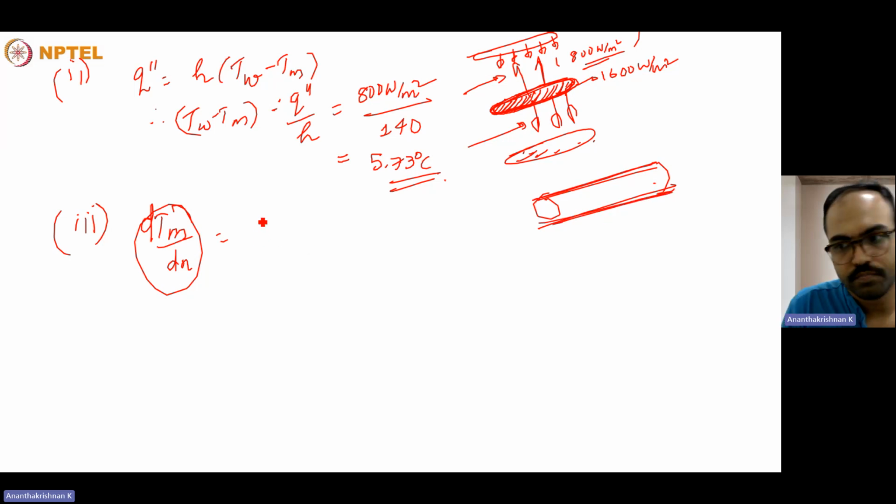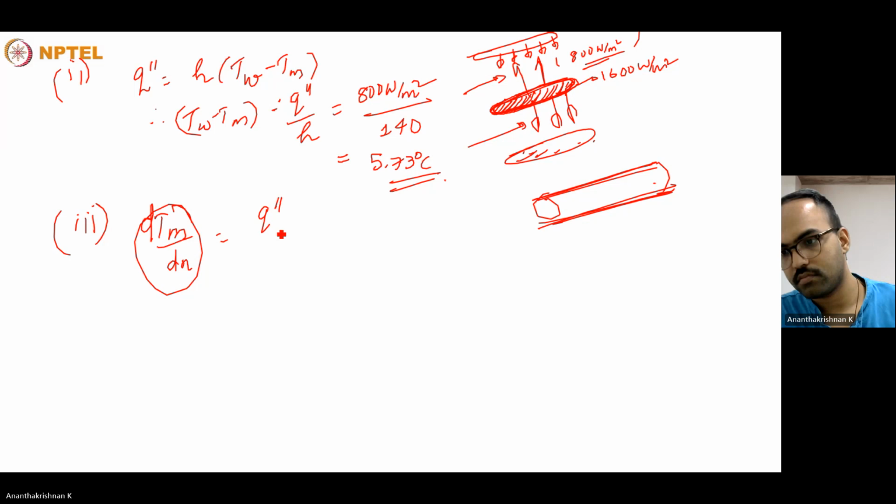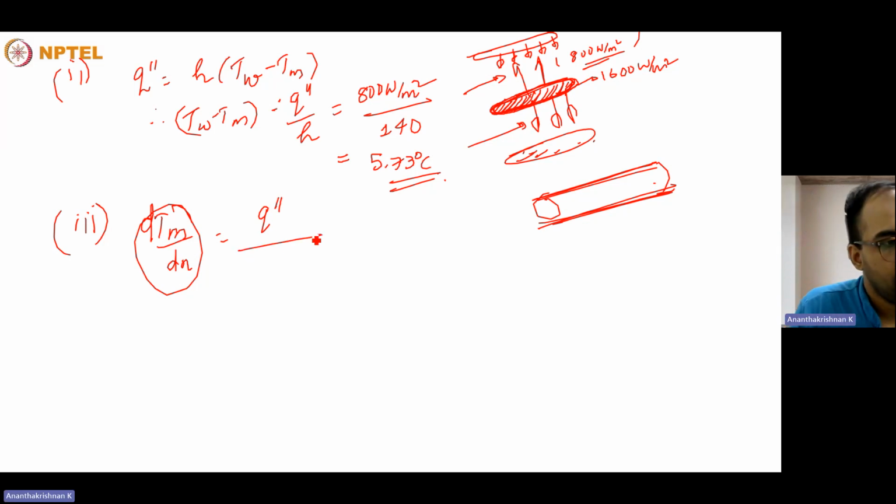So that is equal to the heat flux divided by rho Cp into U, into cross-sectional area into length.